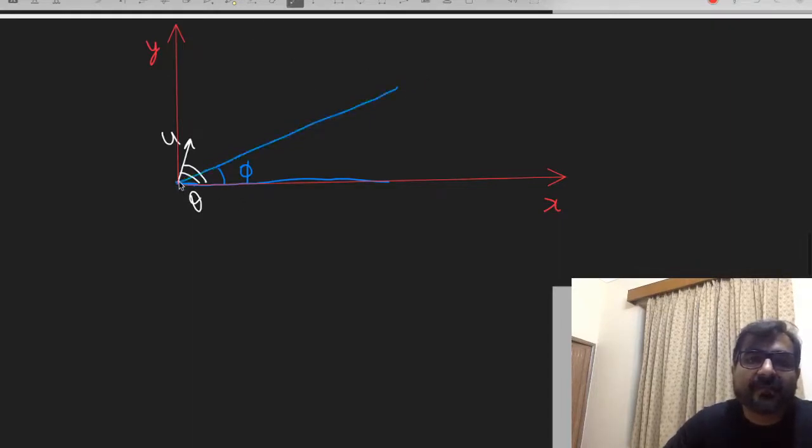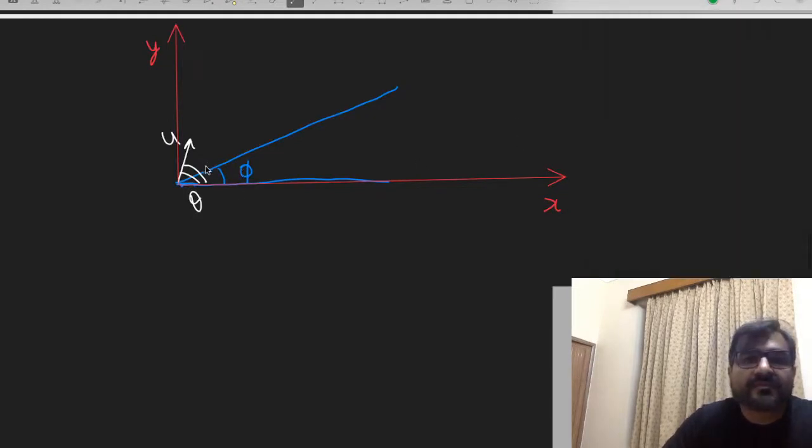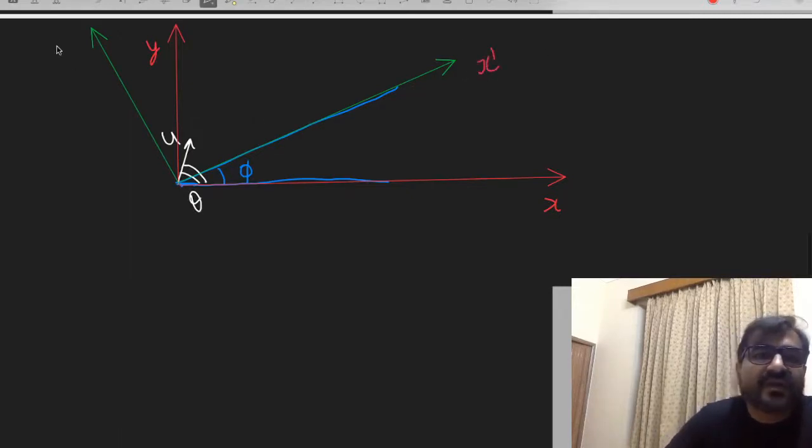Let me change the color so it is visible clearly. Let me call this x dash and y dash.